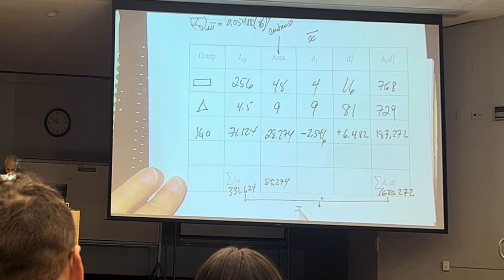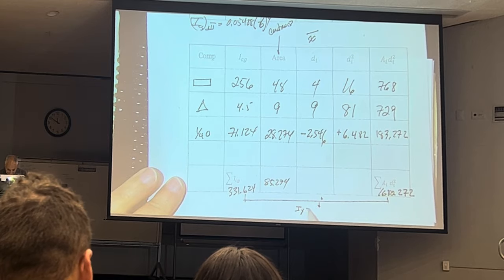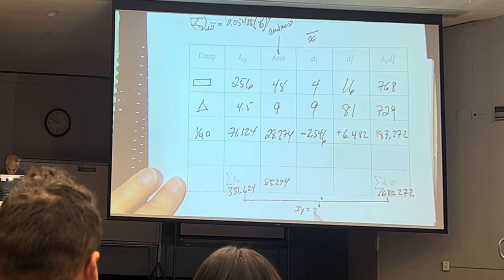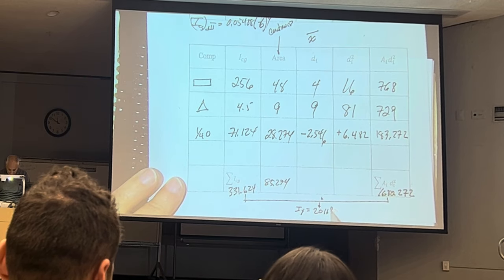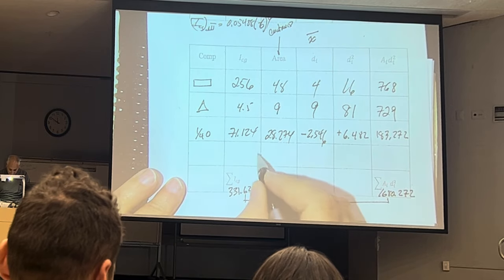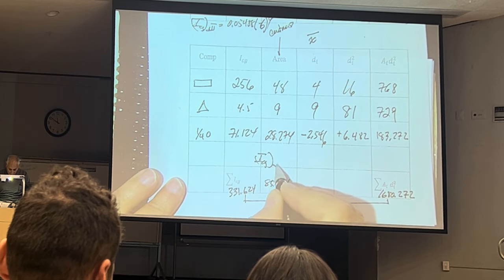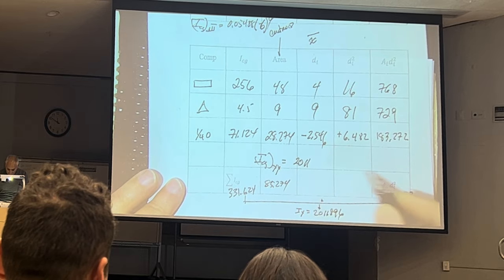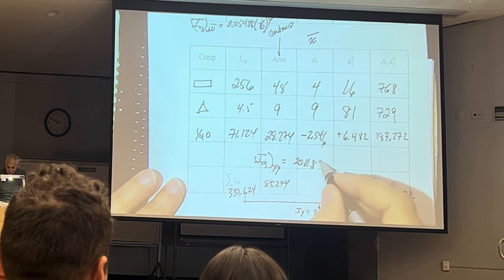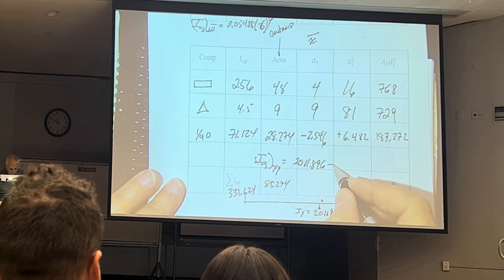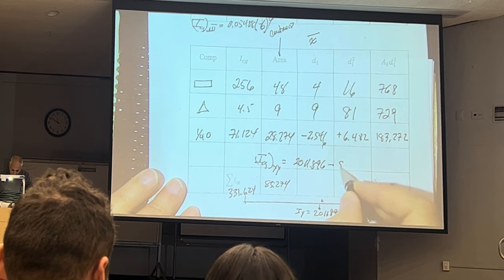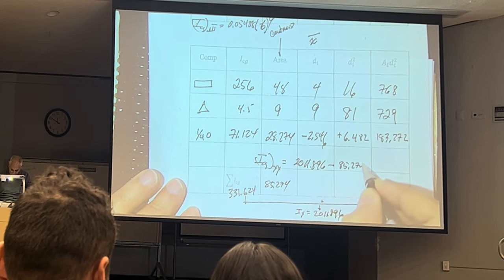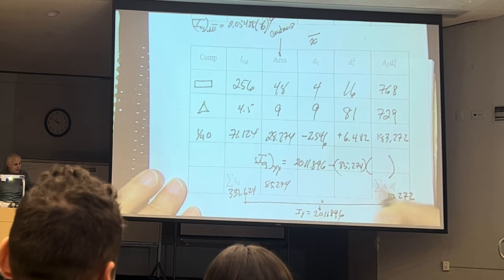I'll have I about the y-axis, which is 2011.896. ICGYY will be 2011.896 minus the total area, 85.274, times the distance.